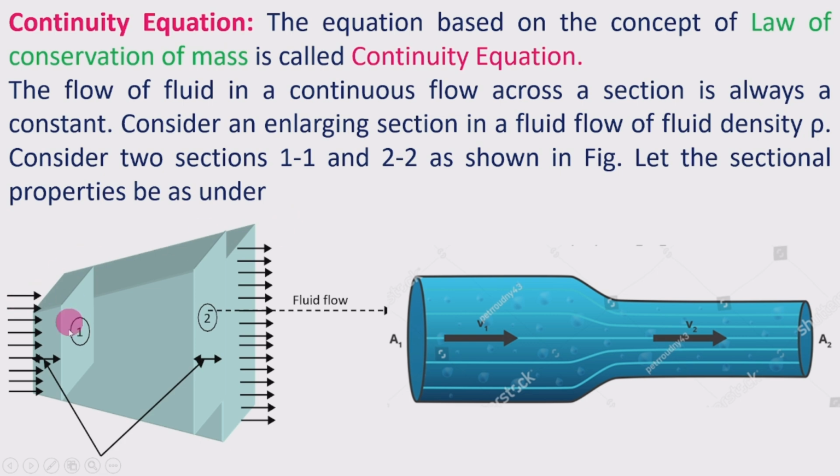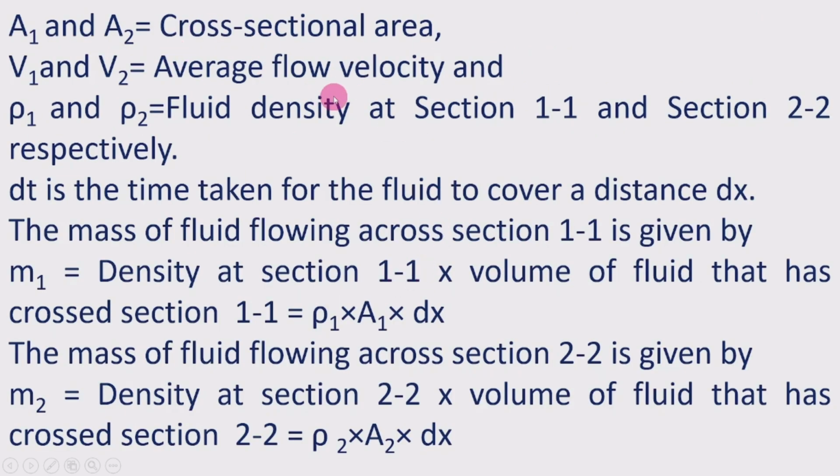We consider the two sections for the enlarging section first, and the same will be applied for the converging section also. Here, this is the converging section. At the two sections 1 and 2, we are going to take the same equation. What we are going to develop for this enlarging section is the same for the converging section also.